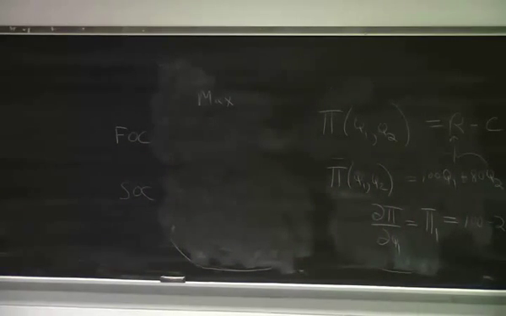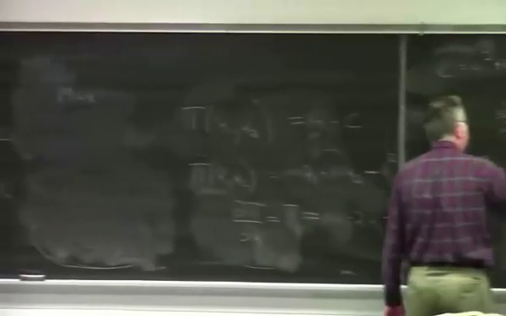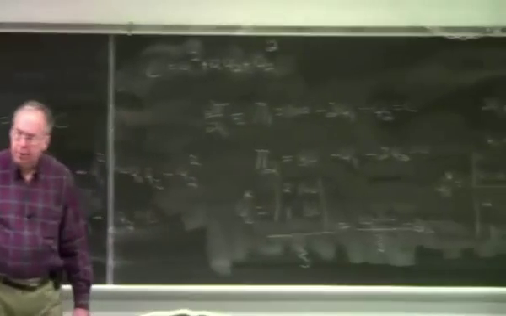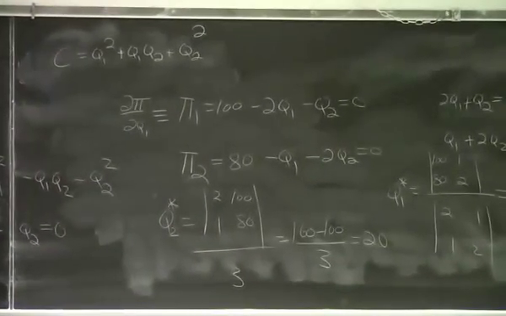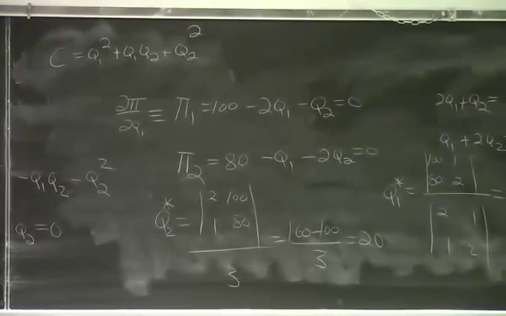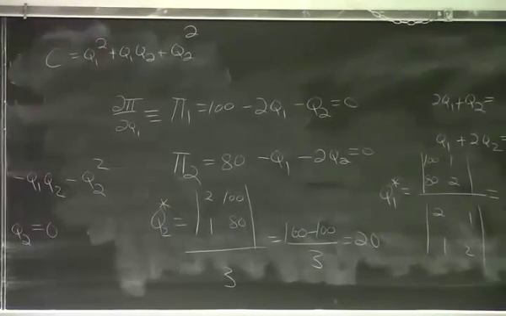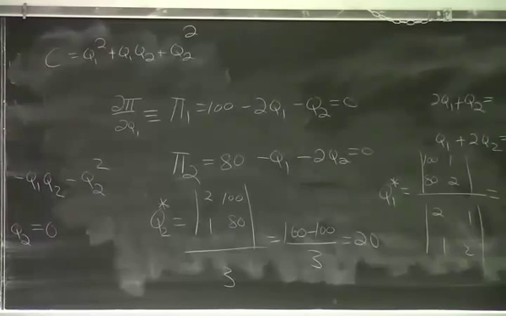Partial pi, partial Q1. We're defining that to be pi 1. So instead of f sub xx, what are we going to use for the second derivative of profit with respect to Q1?